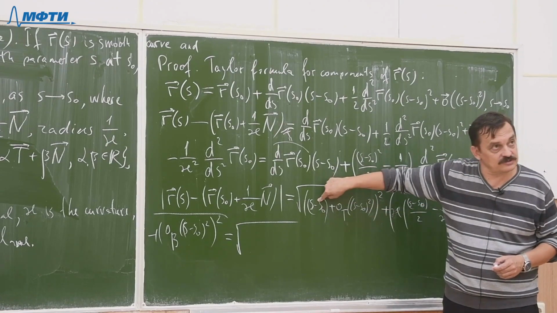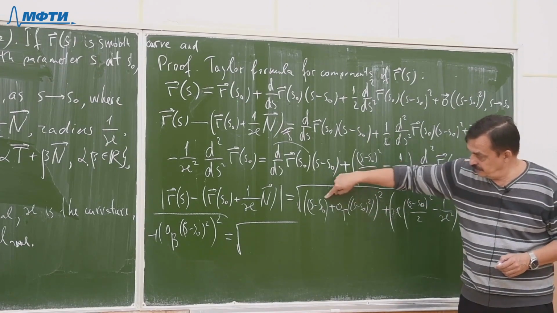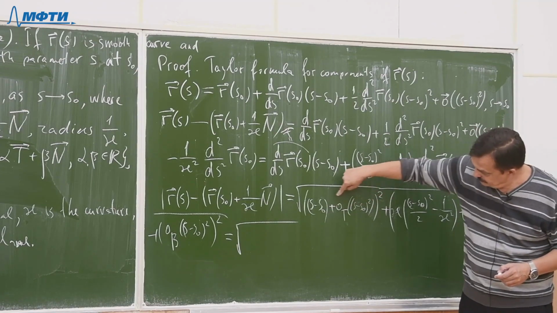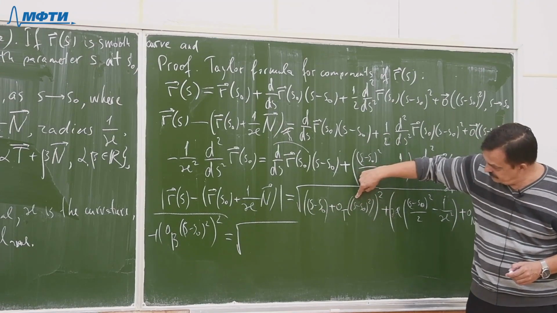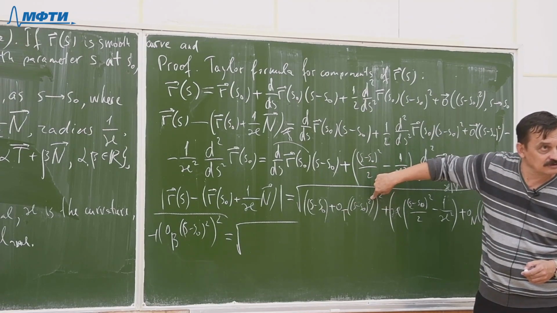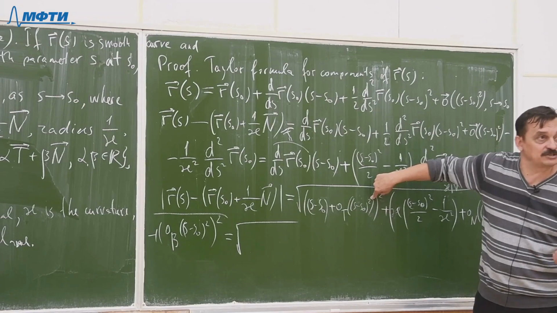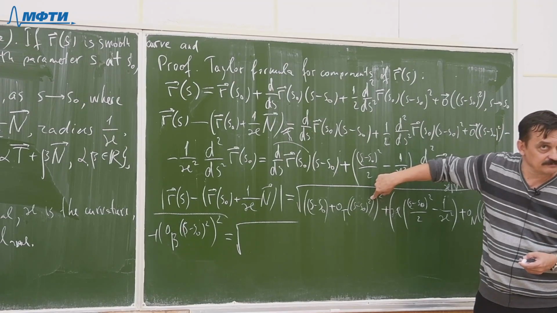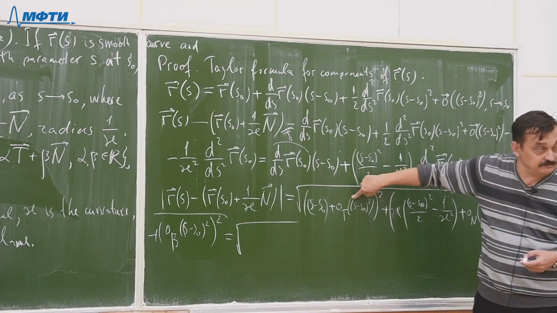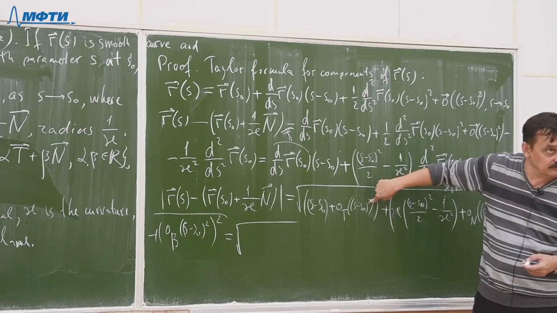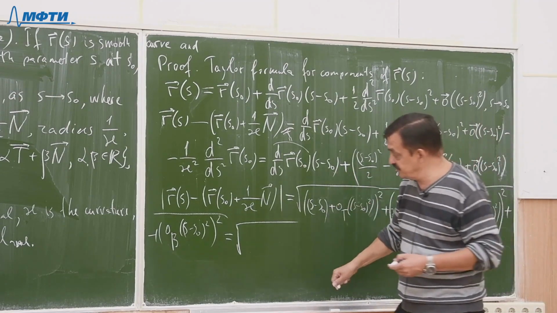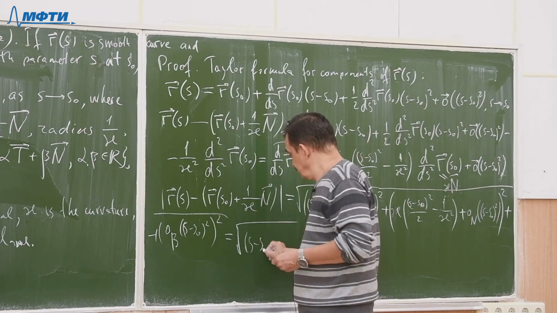Square of the first, square of second, and double product, right? Double product, s minus s naught times something with larger powers than 2 will contain larger powers than 2, right? Square of this term also contains larger powers than 2, right? So altogether, only s minus s naught squared is interested for us.